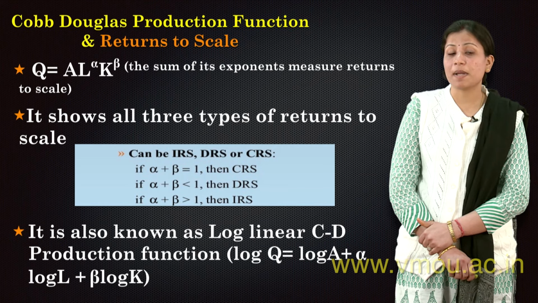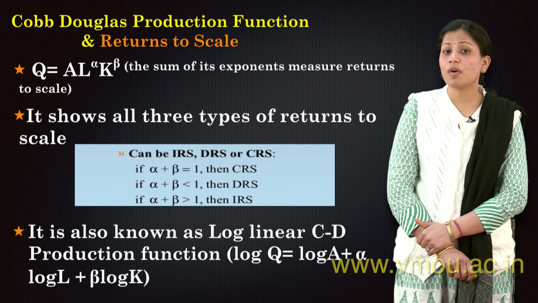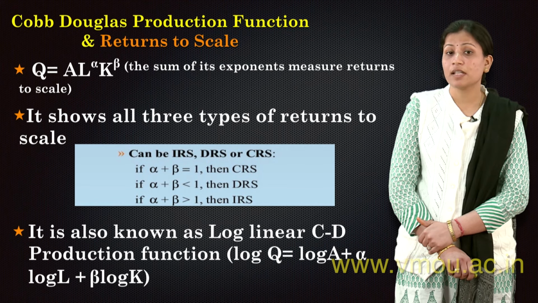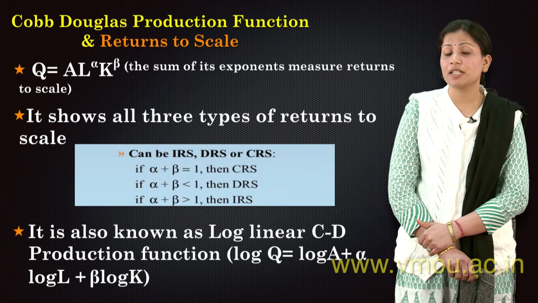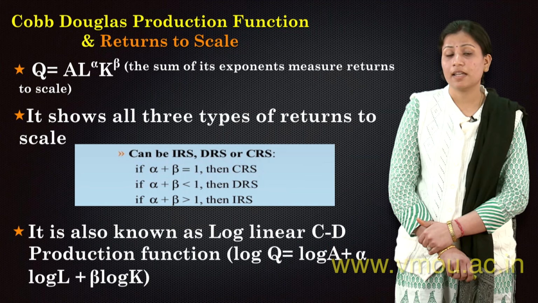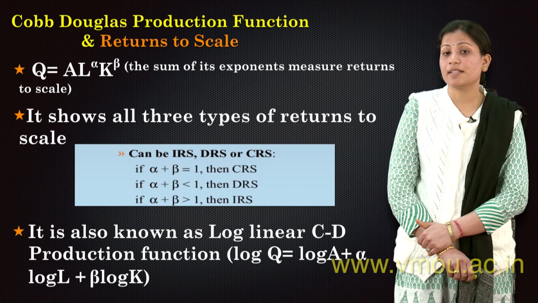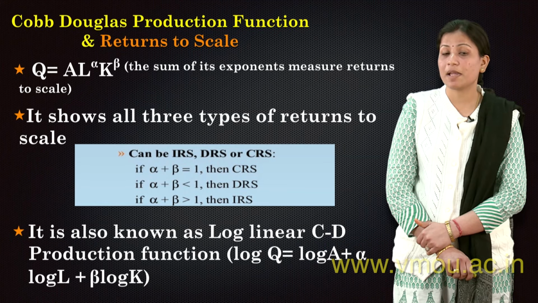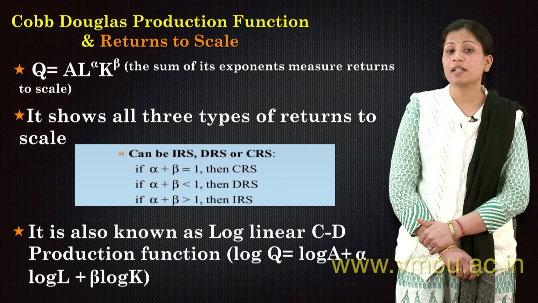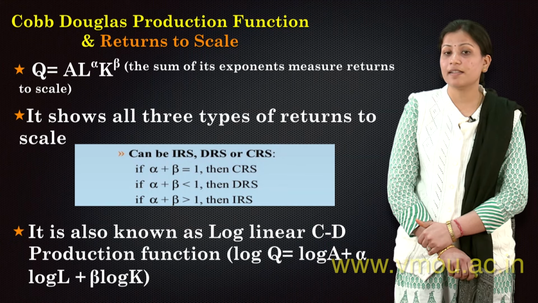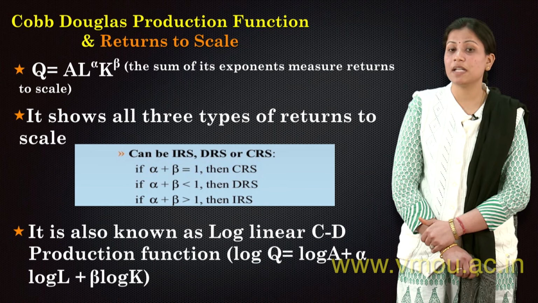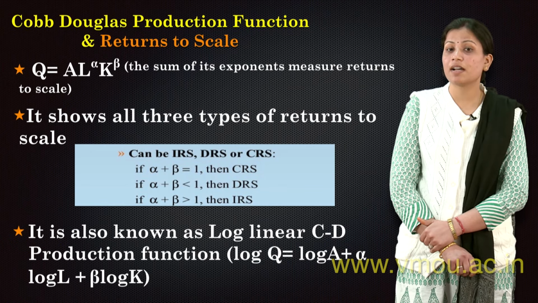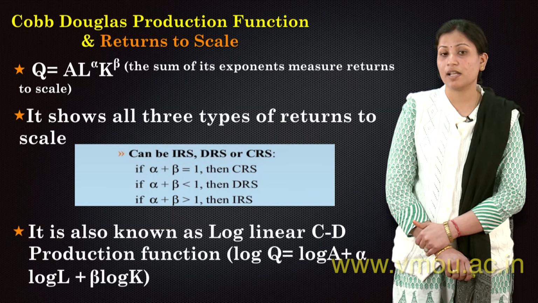All of it depends upon the sum of its exponents, because the sum of its exponents, alpha and beta, measures the returns to scale. If alpha plus beta is equal to 1, then there will be constant returns to scale. If the sum of alpha plus beta is less than 1, then it will be decreasing returns to scale. When the sum of alpha plus beta is greater than 1, then it will be increasing returns to scale.